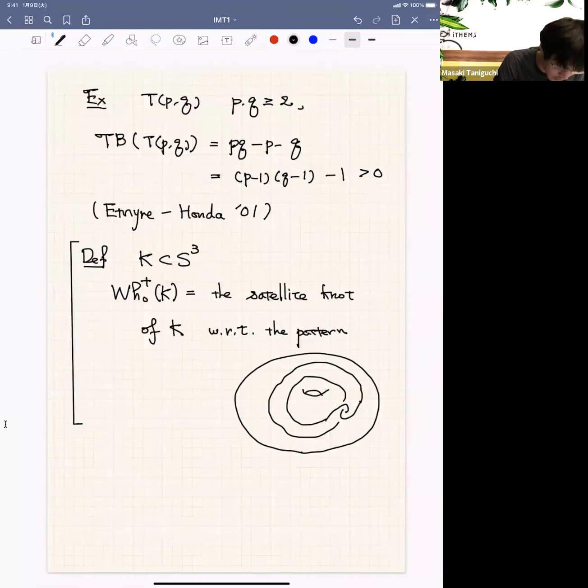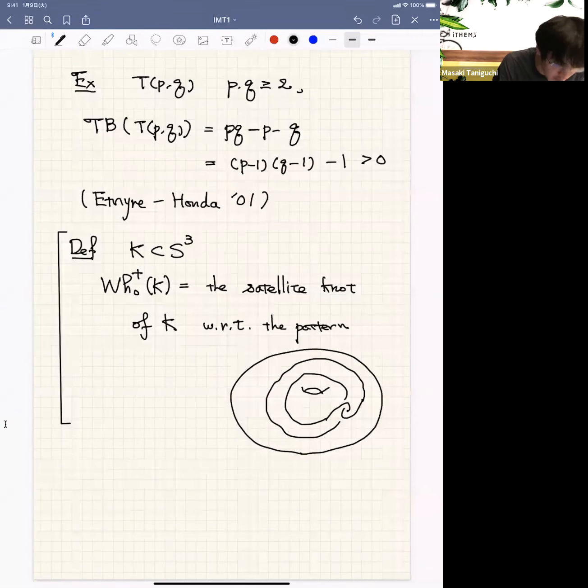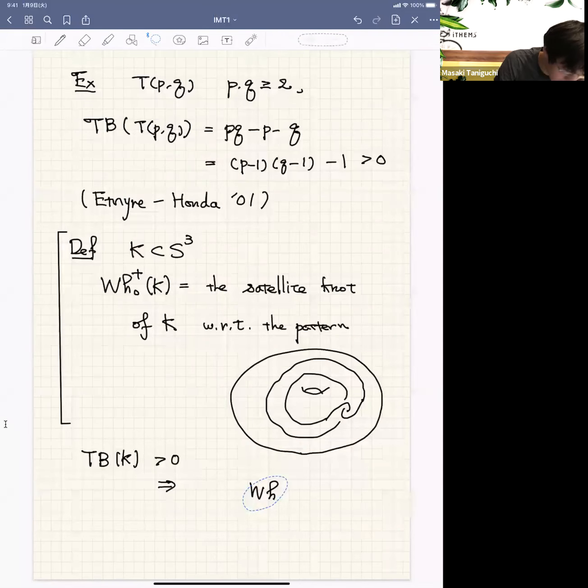It is not so difficult to check that if the Thurston-Bennequin number of K is positive, then the TB number of the Whitehead double of K is also positive.